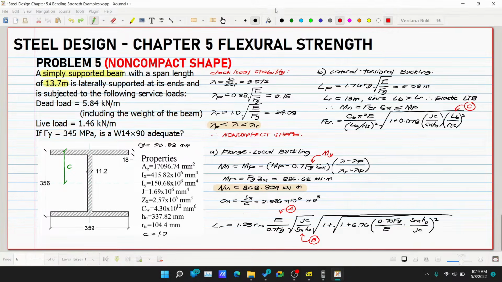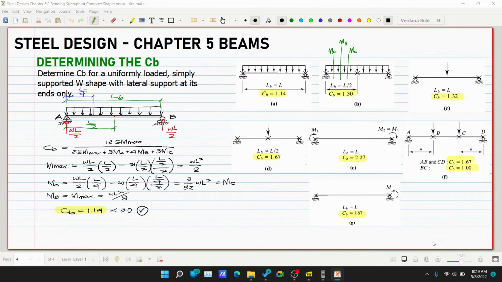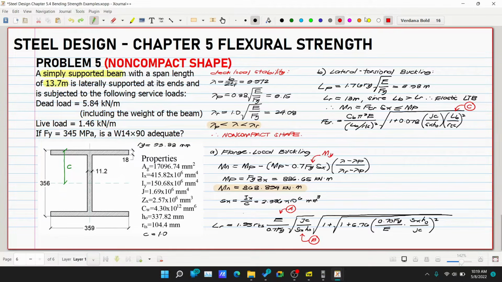Then, ano ang CB? Okay, so since this is simply supported beam, tapos uniformly distributed load yung ating dadalhin, i-check natin sa introduction natin, ang CB natin dapat is 1.14.